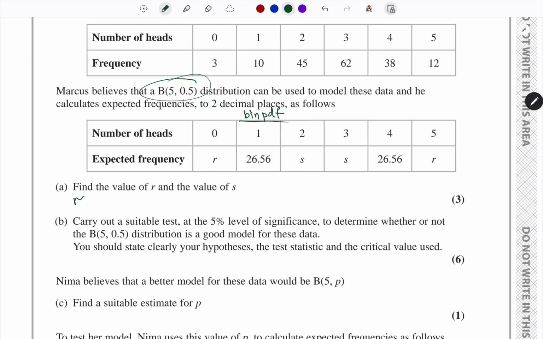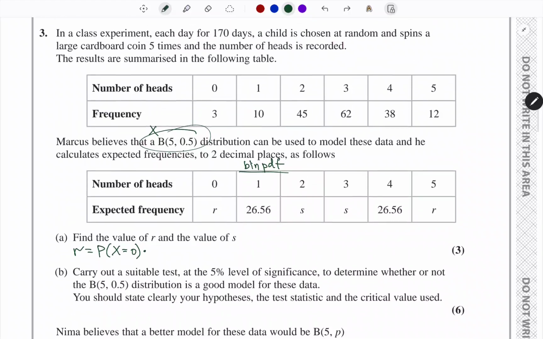So R is the probability that X is equal to 0, but I have to multiply by its expected frequency. It's not a probability, it's an expected frequency.